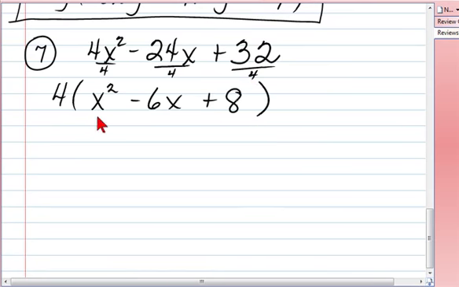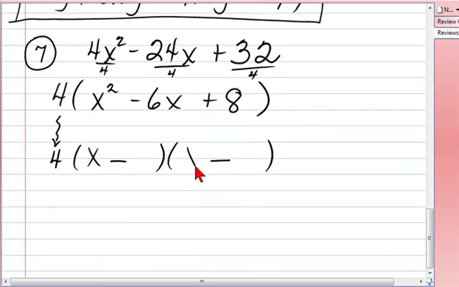Does this trinomial look like something I should be able to factor further? Yes. So don't lose the 4. And here we go with trial and error. If the last sign is positive, what does that tell you? Both signs are negative. They both match the middle term.